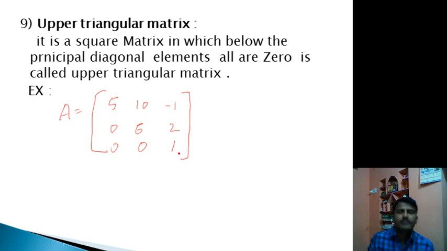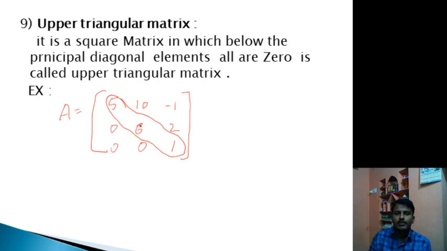Now see here, the definition says a square matrix in which below the principal diagonal, all elements are 0. So where are our principal diagonal elements? These are the principal diagonal elements.